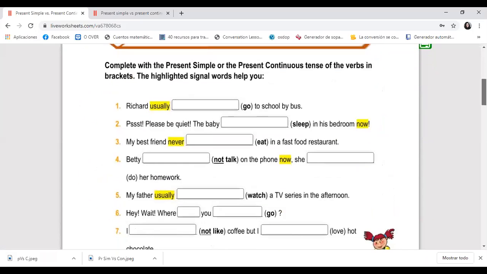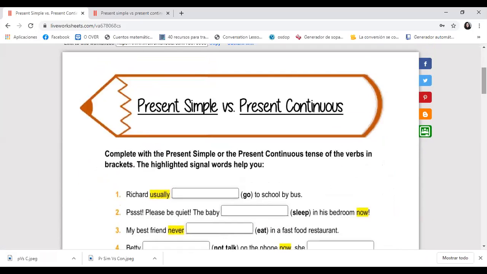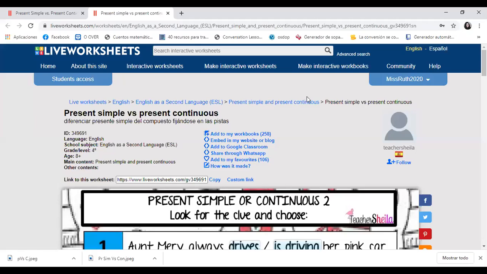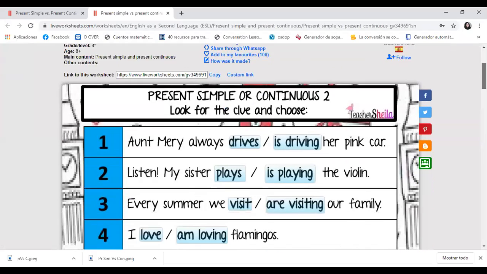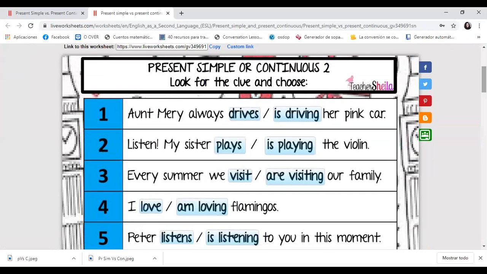Excellent. And now I'm going to share another screen, another activity with you. This is the other activity. It is another live worksheet. Here we have present simple or continuous. Look for the clue and choose. Here you also have the clues.